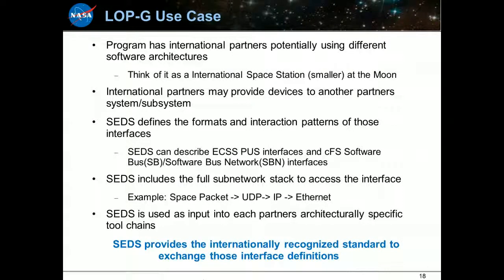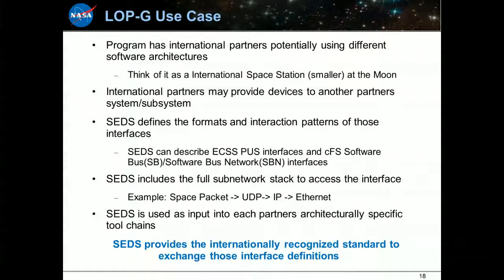Unlike XTCE, the CEDS defines the interaction patterns of those interfaces. So as we said, we can take an ECSS, which is a European standard, and interface to our software bus over SBN and use a data sheet to describe that and autocode the outputs. A CEDS includes things like the full subnetwork stack.